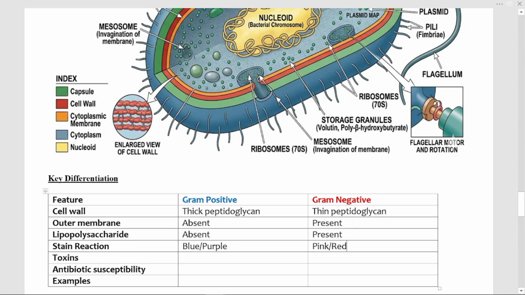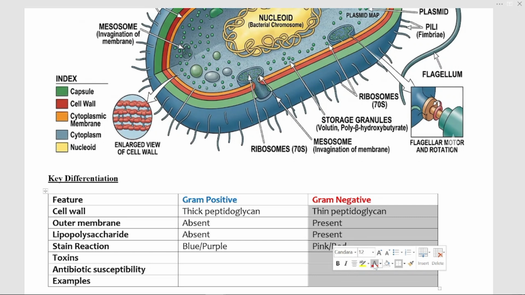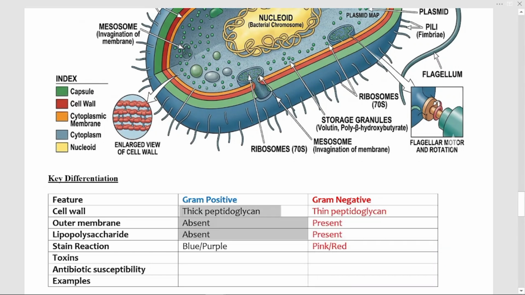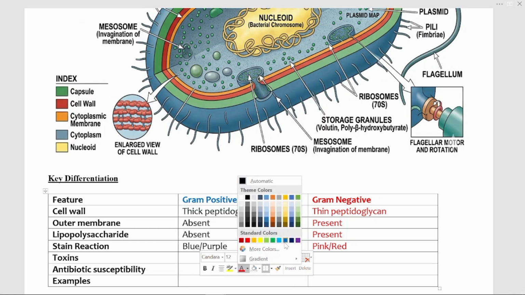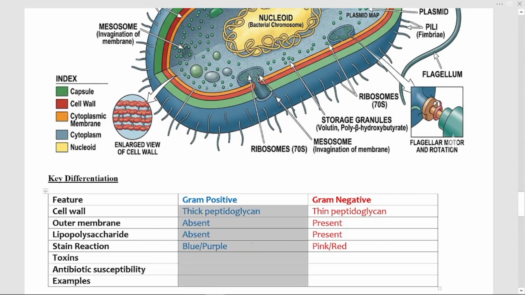That's why this side appears in red. Let me put this side as red and all this side blue, just to make it more interesting. So if you do a gram stain, the gram-positive tends to appear blue or purple, and the other tends to appear pink or red. I believe you can see clearly.